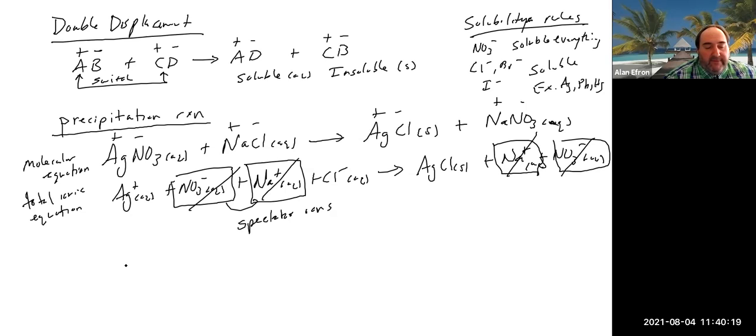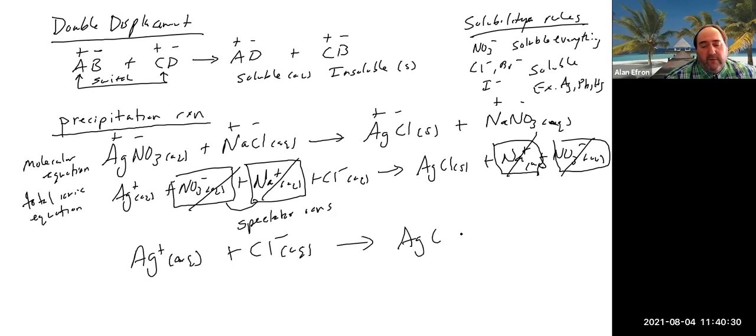That's pretty much what's left over, which is our silver ion in this case goes and finds the chloride ion that's floating around in the solution. They come together to make that silver chloride, which again is a precipitate, which is why it's called a precipitation reaction and why it's a driving force for this reaction to take place. And that is what is known as a net ionic equation.